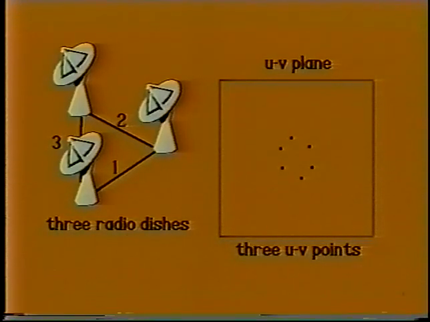Each baseline gives one point in the UV plane. As the Earth rotates, the UV coverage becomes more complete. This is called rotational synthesis.